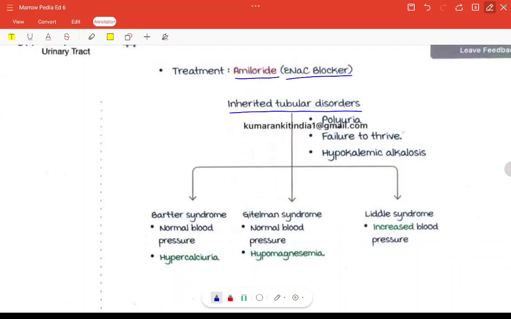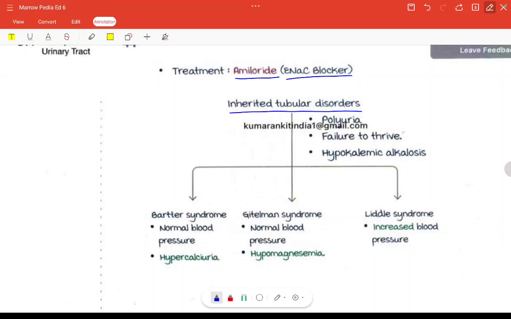Inherited tubular disorders, we read 3. But what are the common symptoms of inherited tubular disorders? Polyuria, failure to thrive, and hypokalemic alkalosis. Polyuria will be seen in all because tubular functioning is not proper, right? Its function was concentration of the urine, concentration will not take place, leading to polyuria. There will be failure to thrive, and there will be hypokalemic alkalosis.